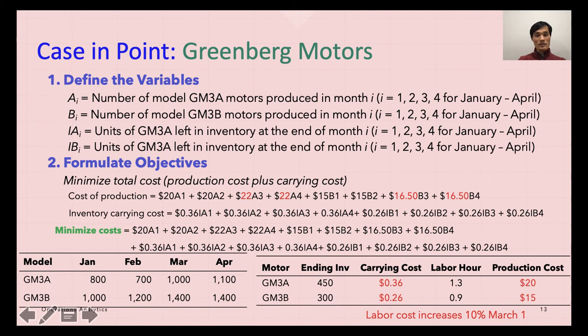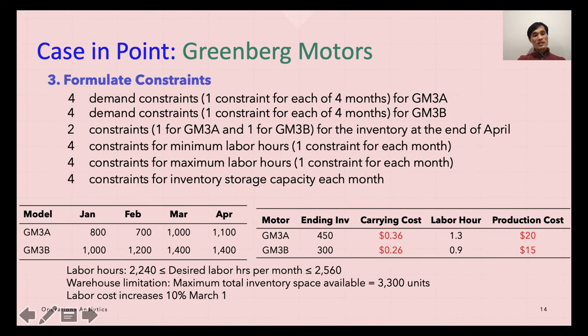The next step is we have to formulate the constraints. And we realize that there are many constraints to consider in this case, in contrast to the relatively simple case of the portfolio selection.